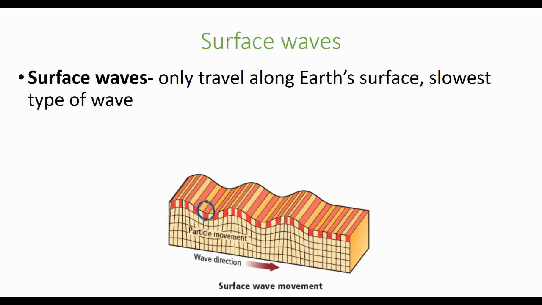The last wave is the surface waves. These only travel along Earth's surface, and this is the slowest type of wave. And you can tell that the particle movement here is in a circular fashion.